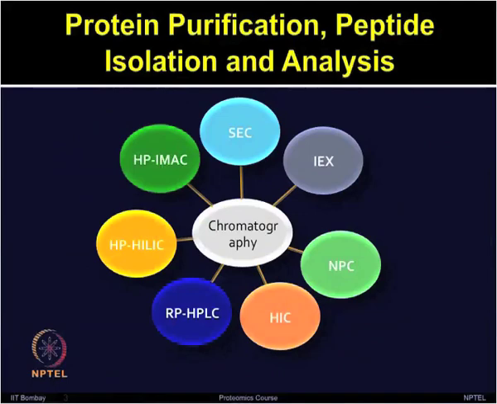Protein purification, peptide isolation and analysis can be performed by many methods, but there are certain chromatography methods which are commonly used, such as size exclusion chromatography SEC, ion exchange chromatography IEX, immobilized metal ion chromatography IMAC, normal phase chromatography NPC, reverse phase HPLC or RPHPLC, hydrophobic interaction chromatography HIC and hydrophilic interaction chromatography HILIC.